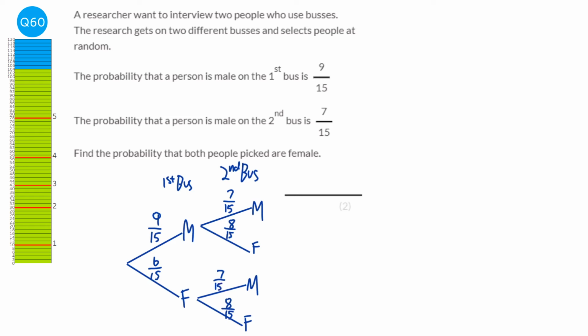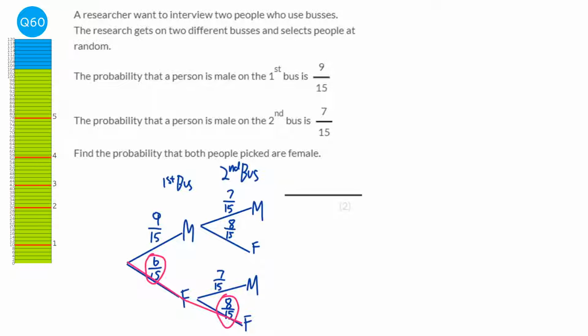So to have both female, we need to have gone down this line at the start and then this line again. Looking at the fractions along the way, it's 6/15 and 8/15. The word "and" in probability means times.